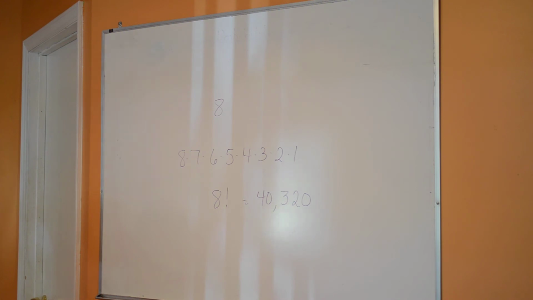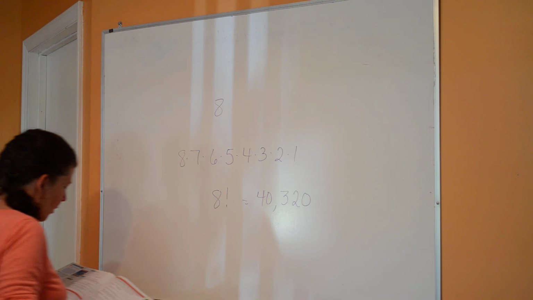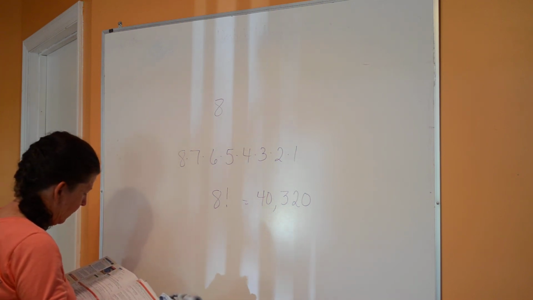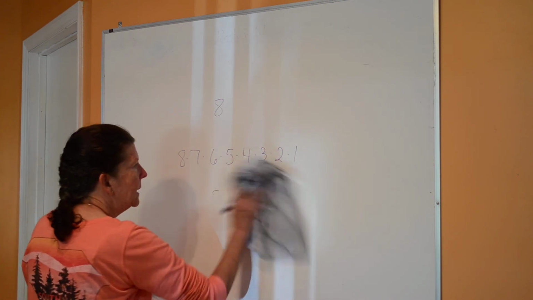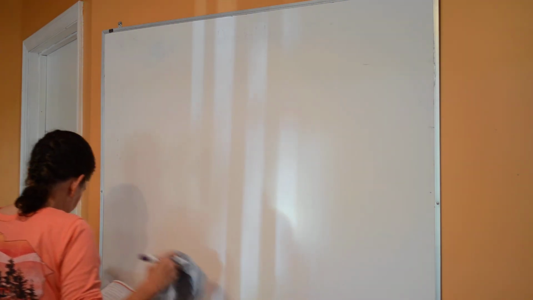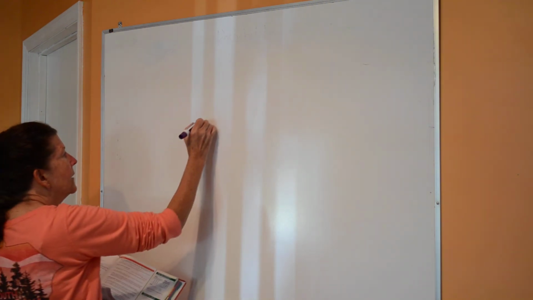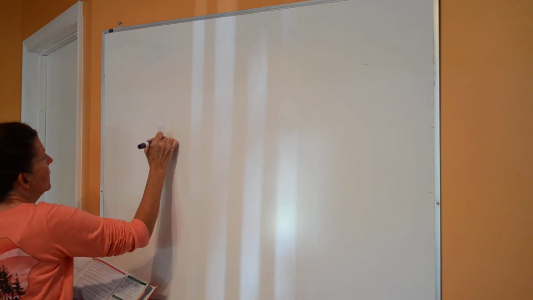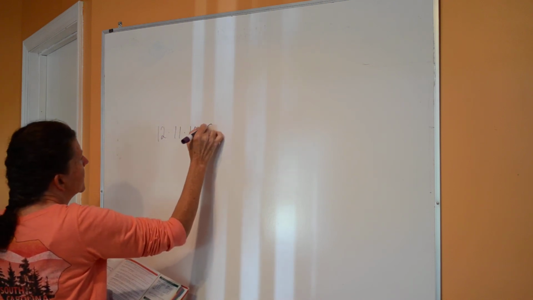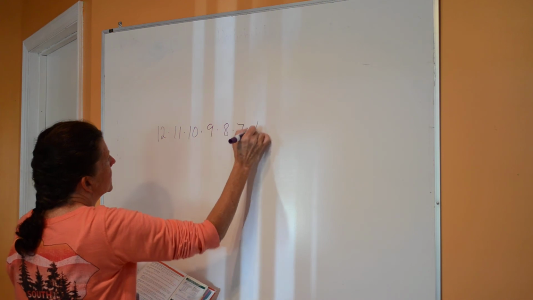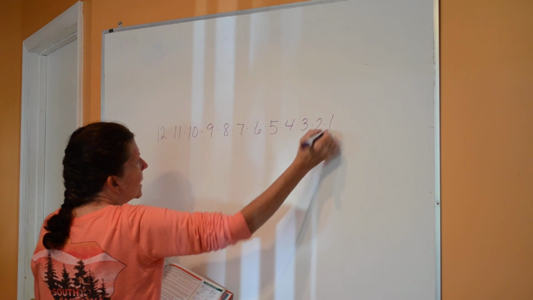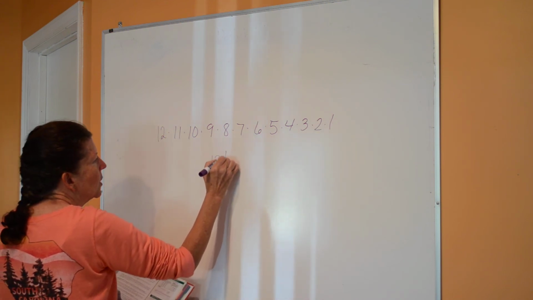Here's one more to do. Zach and Kurt are going to an amusement park. They cannot decide in which order to ride the 12 roller coasters. So how many different ways, again use your calculator, can they ride the 12 roller coasters? So I have 12 times 11 times 10 times 9 times 8 times 7 times 6 times 5 times 4 times 3 times 2 times 1, or this is also 12 factorial.